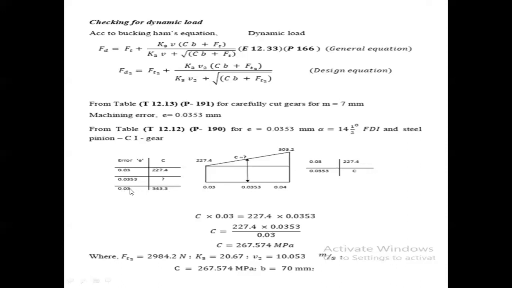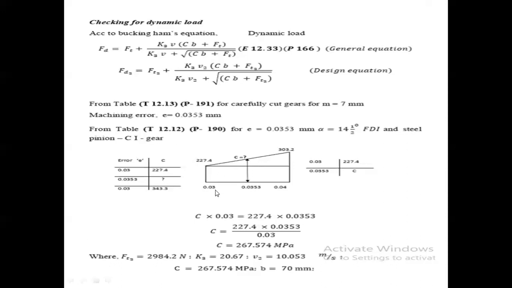But in our tabular column, I don't have the exact value for 0.0353. To get the 0.0353 value, I have to go with interpolation. Or you can use cross multiplication, because we are not getting the exact accurate value here, but almost the nearer value I can get from cross multiplication.